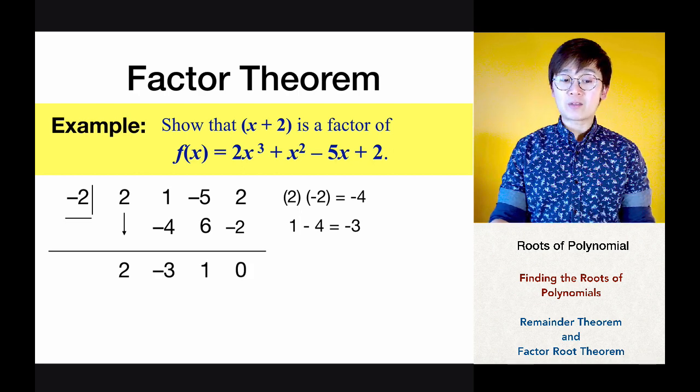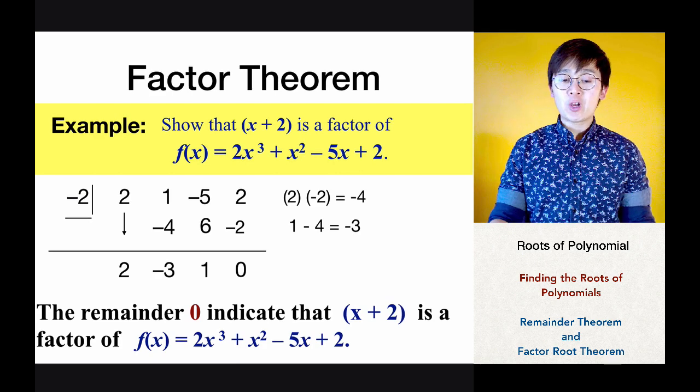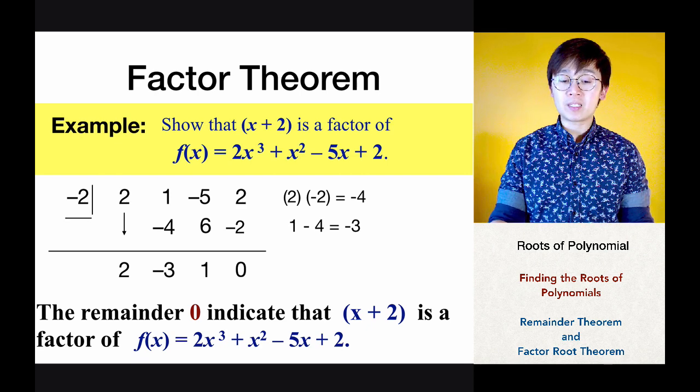This means that we have verified that x plus 2 is one of the factors of our function, which means x equal to negative 2 is one of the solutions of our function. So with this factor theorem, we're able to verify if one of the factors of our polynomial can be the root or the solution of our function.